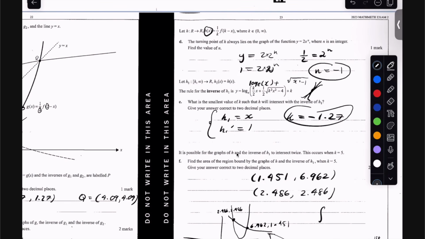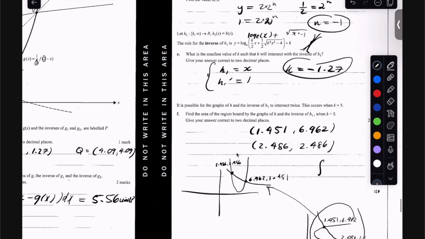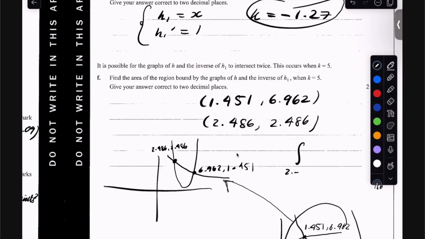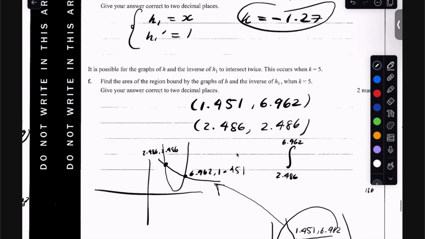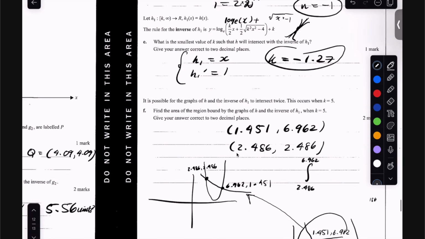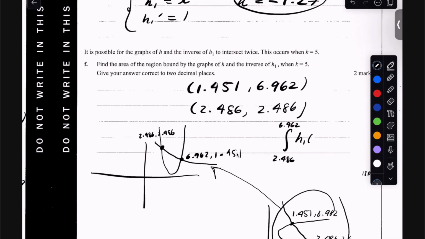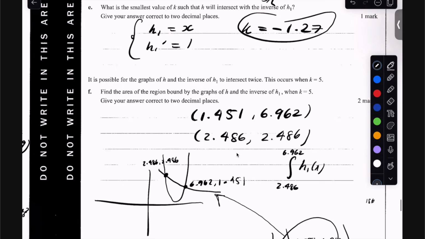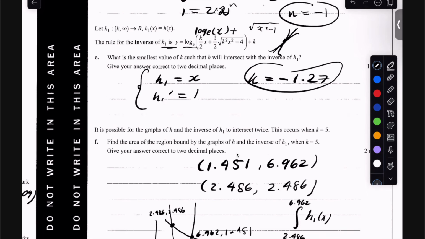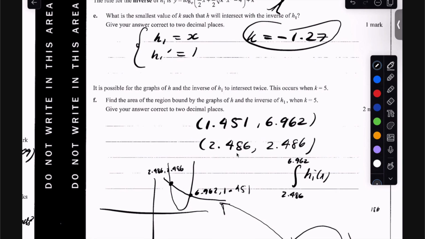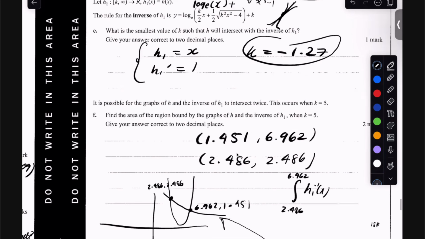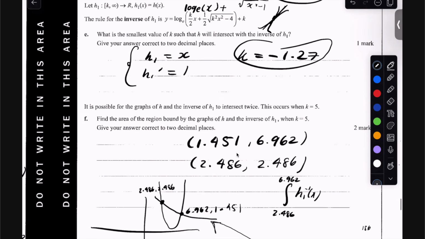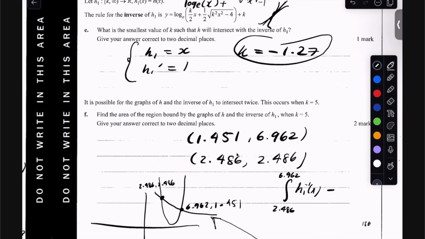So it's going to be the integral from 2.486 to 6.962 of, you can say h1 of x, which is this, or the inverse, so h1 inverse, and that is the log base e of 5 over 2. That's fine, we won't write it all out.